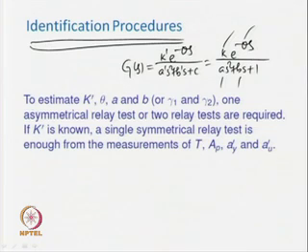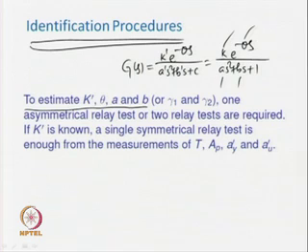Of course, we are making 2 more measurements, the area of the output signal and the area of the input signal. Now, to estimate k dash, theta, a and b, or indirectly speaking c is also inherent in k dash. So, you are measuring either k dash, theta, a dash, b dash, c or k, theta, a, b.